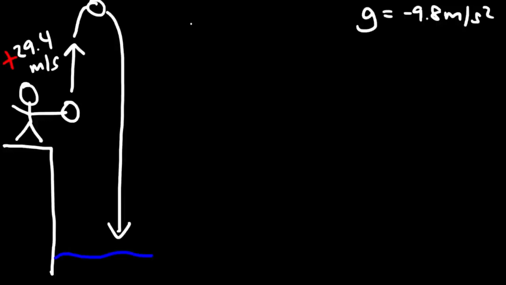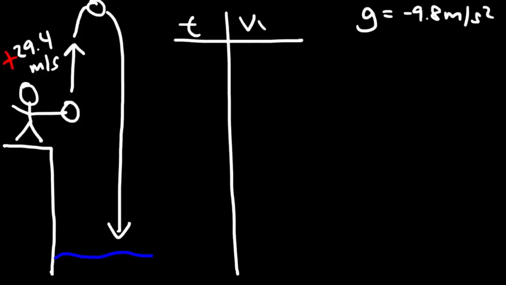So if we make a table between t and Vy, we're going to get the following values. So at t equals 0, that is initially, the vertical velocity is positive 29.4. Now the acceleration tells us how fast or how much the velocity changes every second.